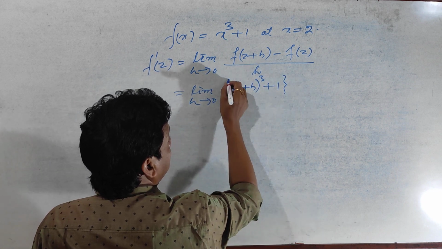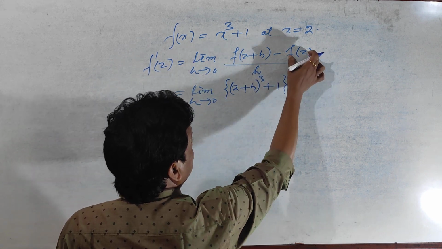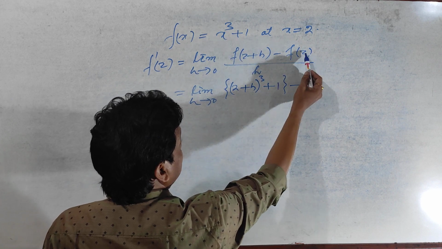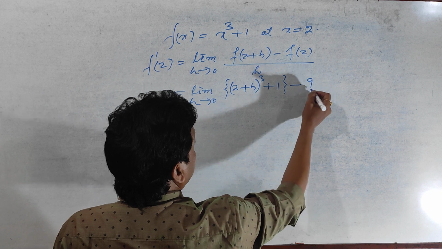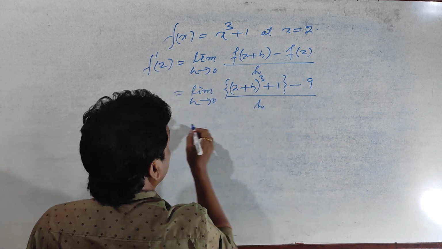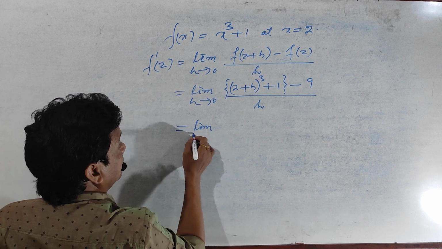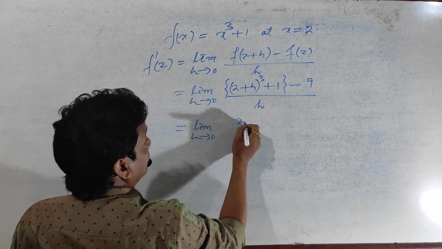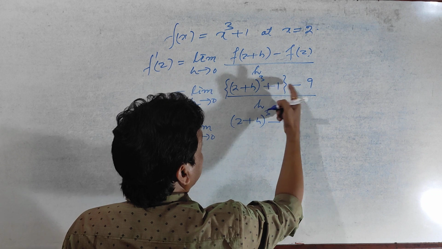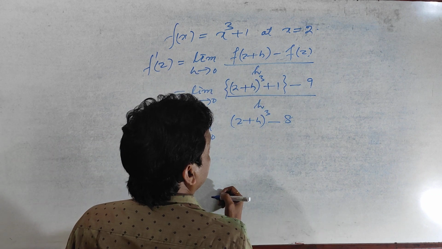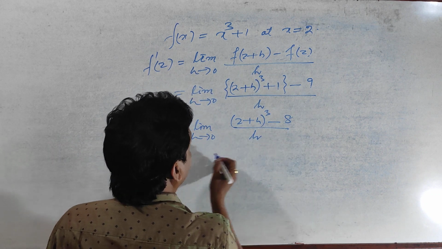This one is this function minus the original function. That means in place of x write 2. 2 cube is 8. 8 plus 1 is 9, divided by h. So it is limit h tends to 0, 2 plus h whole cube minus 8, 1 minus 9 is 8, divided by h.